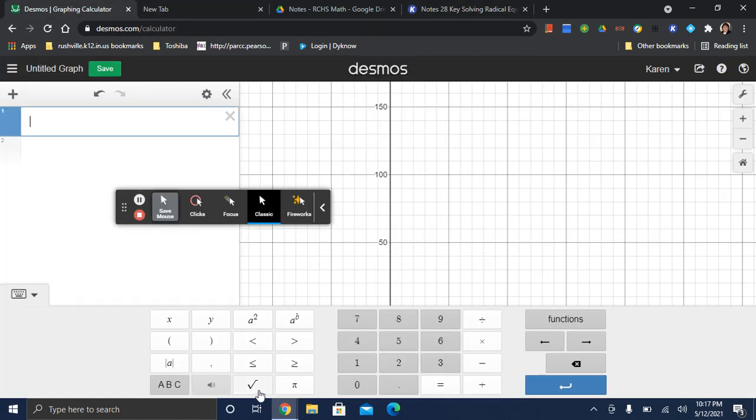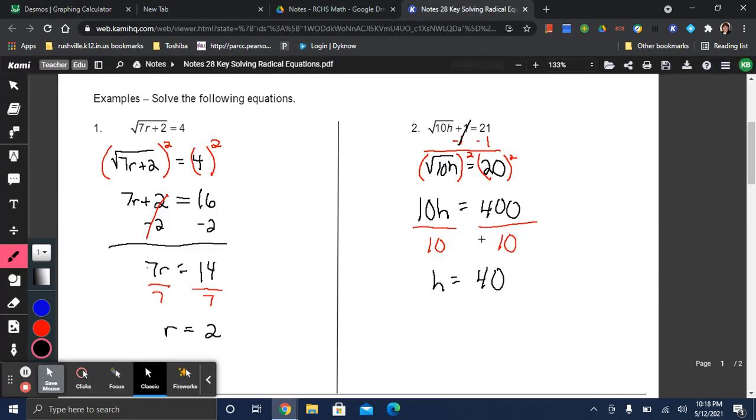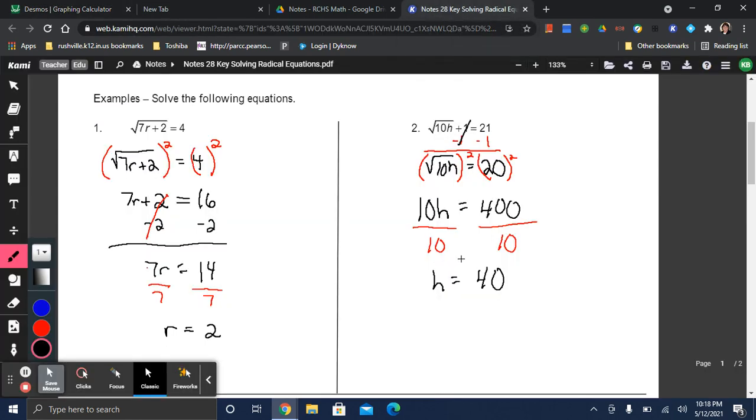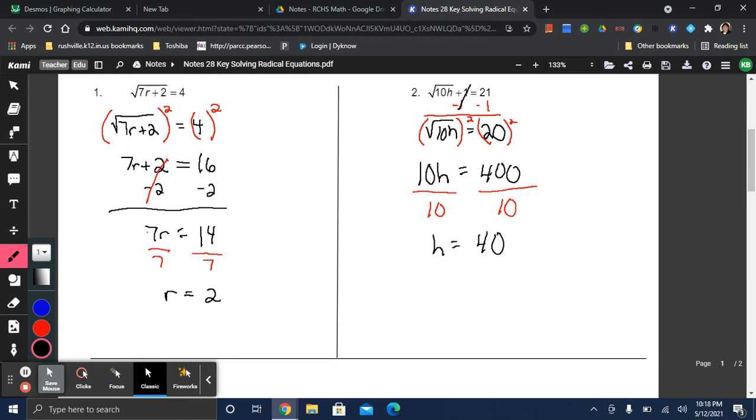If we do the square root of 10 times 10, since that's the answer we got, and then plus 1, it wasn't 10. Sorry about that. It was 40. So the square root of 10 times 40, and then plus 1, and that should give us 21. And it does. So that answer checks.